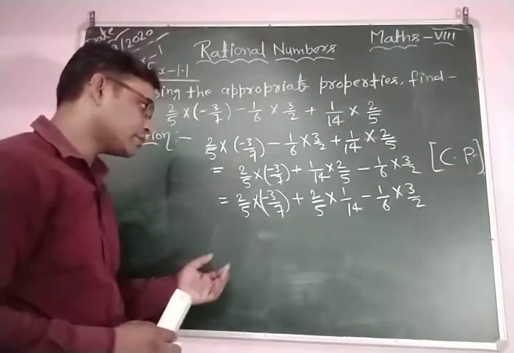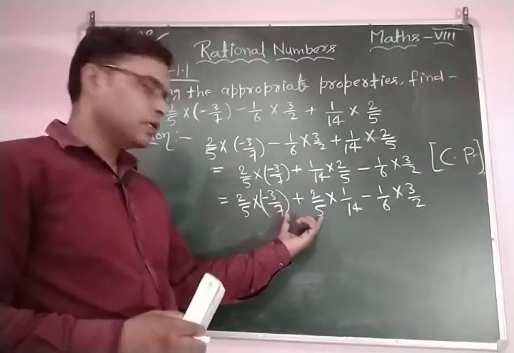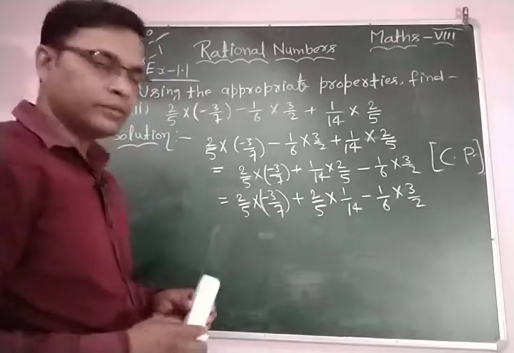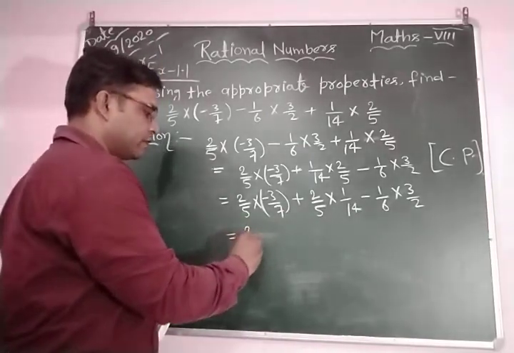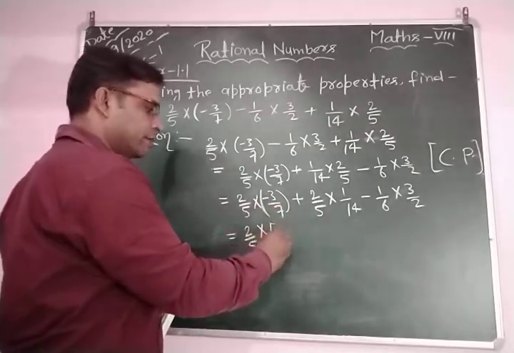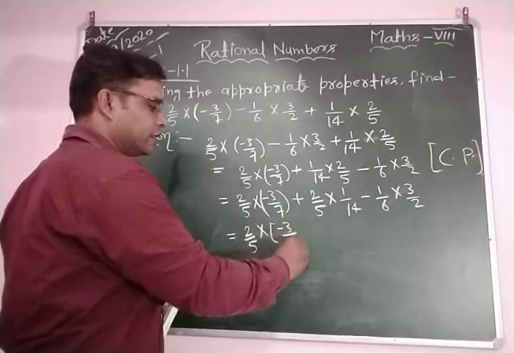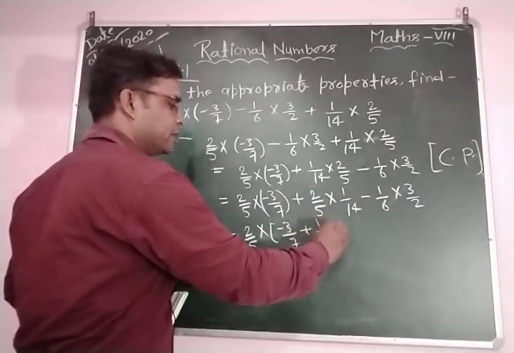Now if you find here, you can see if you take common 2 by 5 in both terms, this is equal to 2 by 5 into, in bracket, minus 3 by 7 is left, plus here 1 by 14 is left.